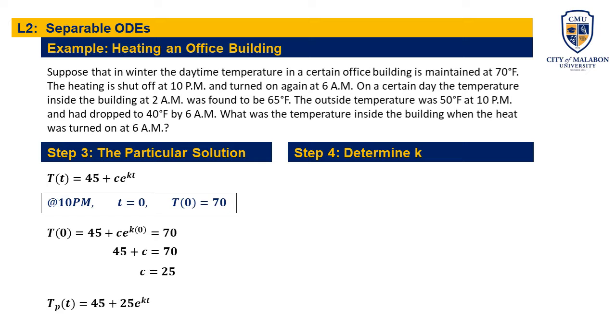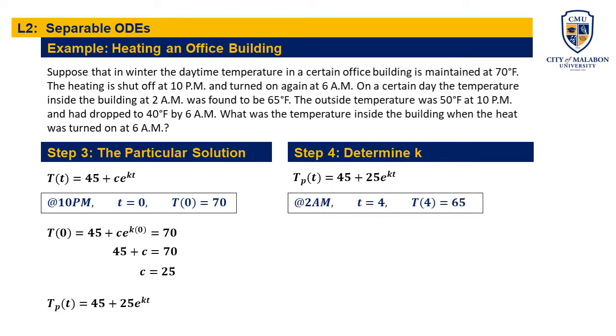So our step number 4, we are to determine the value of k. As our particular solution, 45 plus 25 e to the kt, we will use other conditions to solve for this k. In the problem, on a certain day, the temperature inside the building at 2 a.m. is equal to 65.